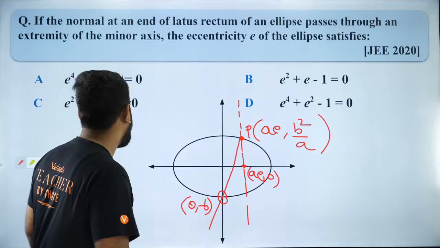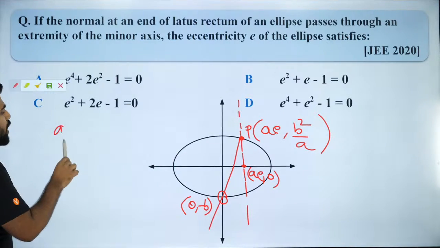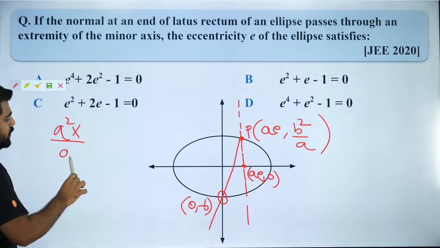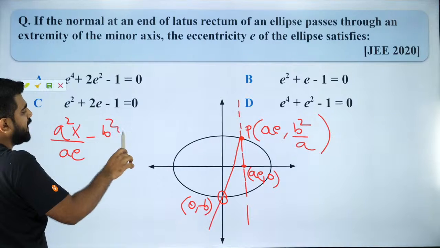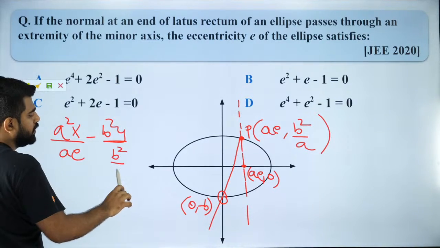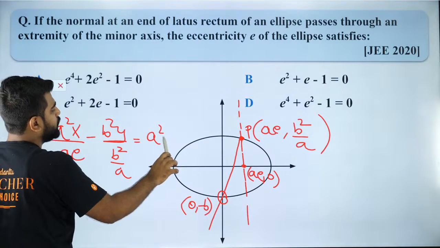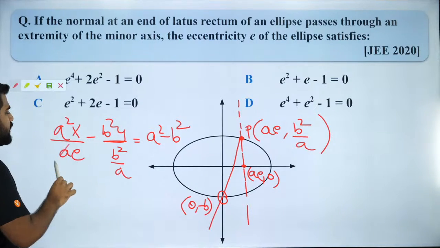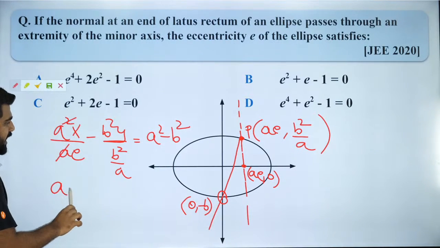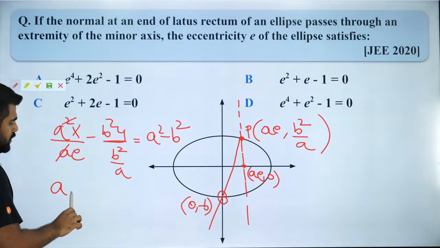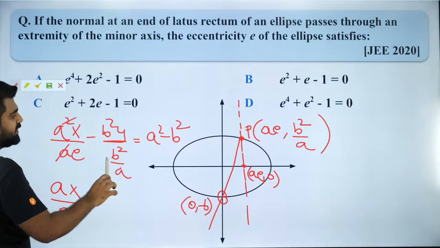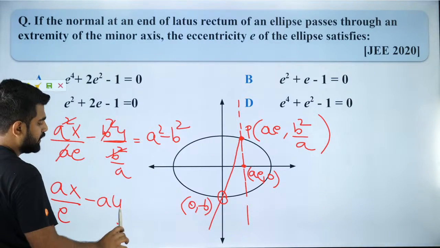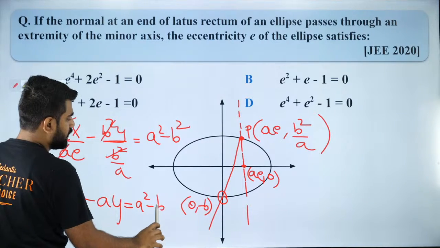So let's write the normal equation. The normal equation is: A square x by x1 minus B square y by y1 is equal to A square minus B square. So I'll have AX by E, and B square will cancel, so AY is equal to A square minus B square.